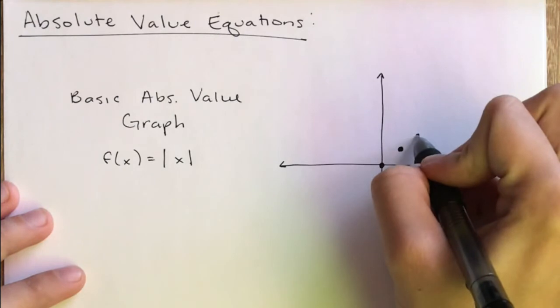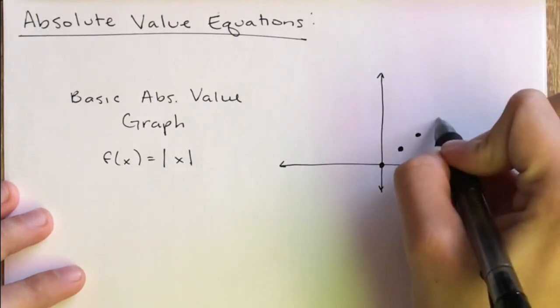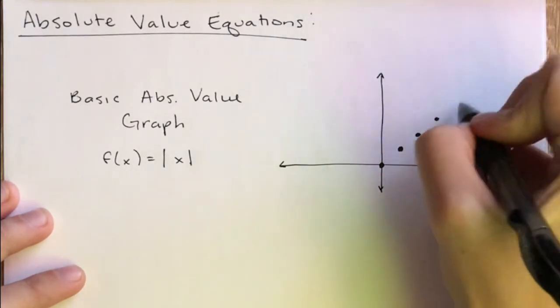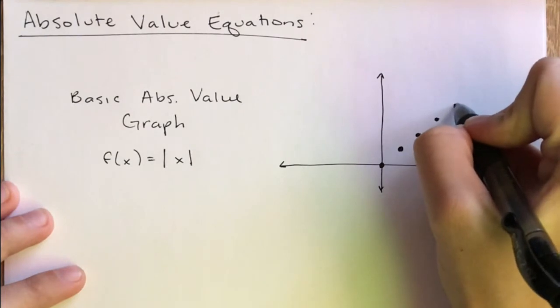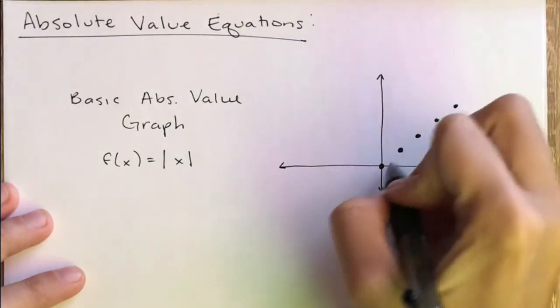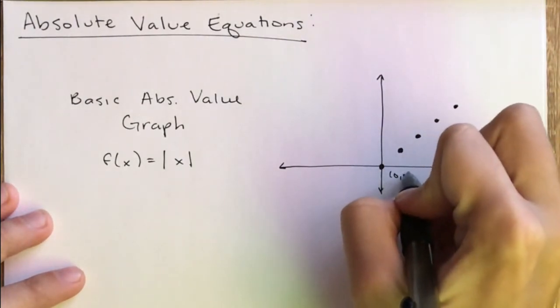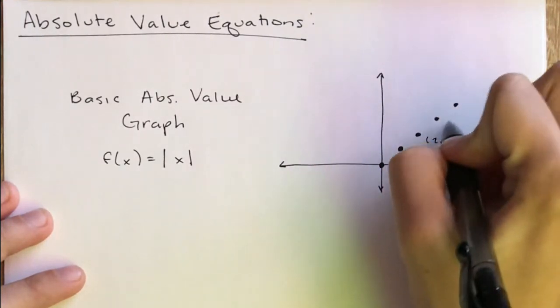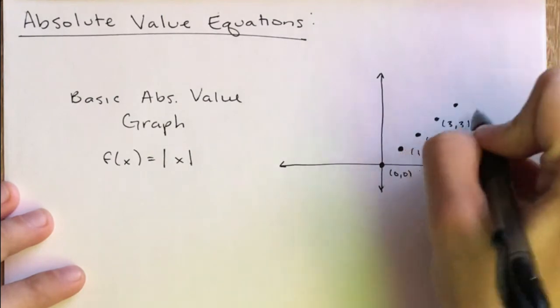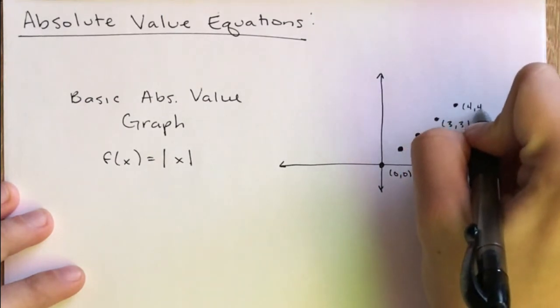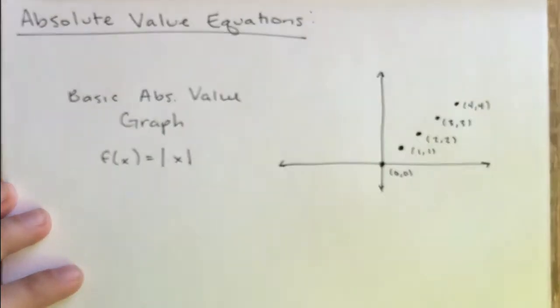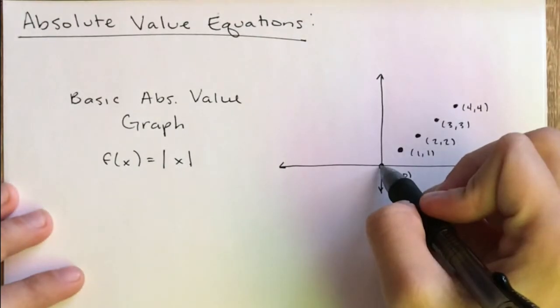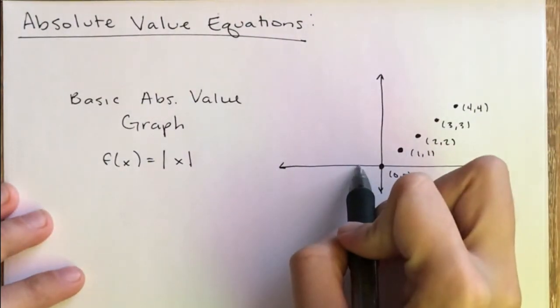Absolute value of 2 is 2. 3 is 3. 4 is 4, etc. Right, so we have 0, 0, 1, 1, 2, 2, 3, 3, 4, 4.